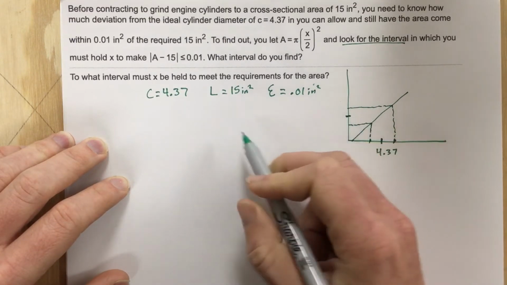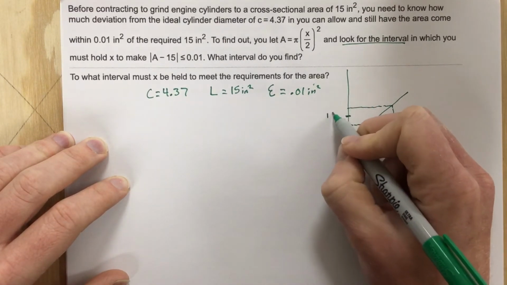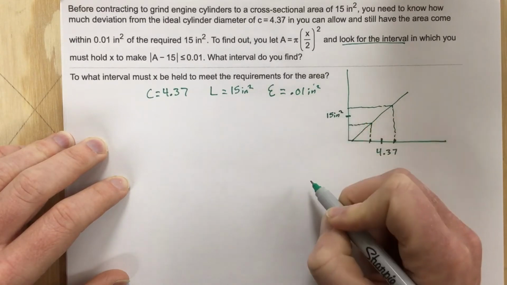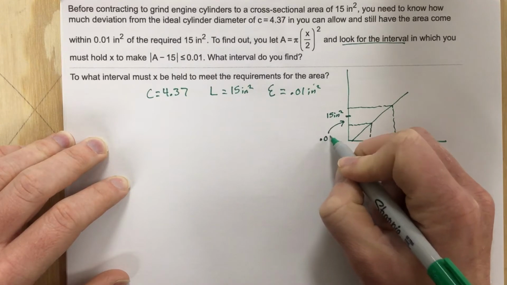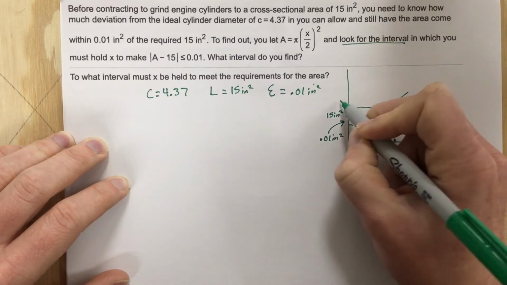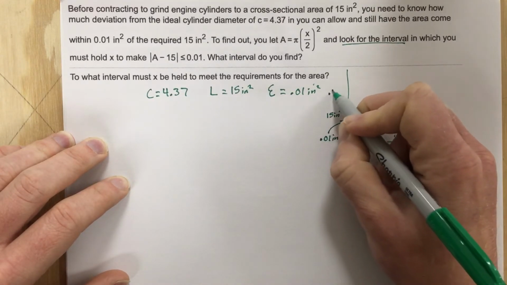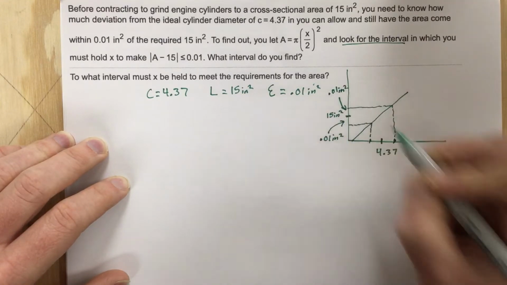And the y value we need, or the limiting value, is 15 inches squared, right? We need that area. And this is our tolerance here, 0.01 inches squared, and our tolerance here is 0.01 inches squared.